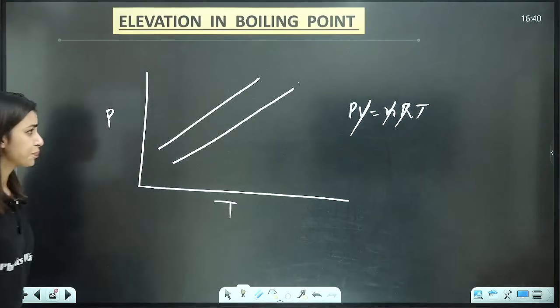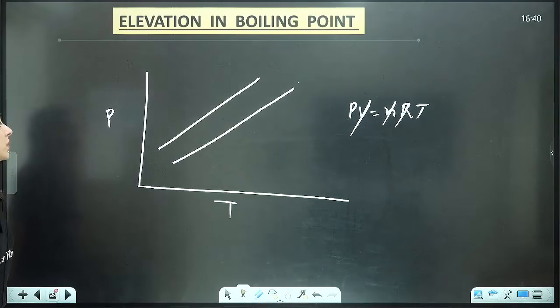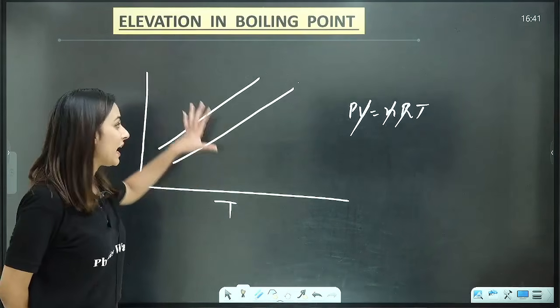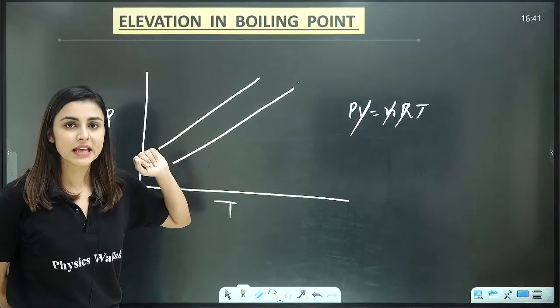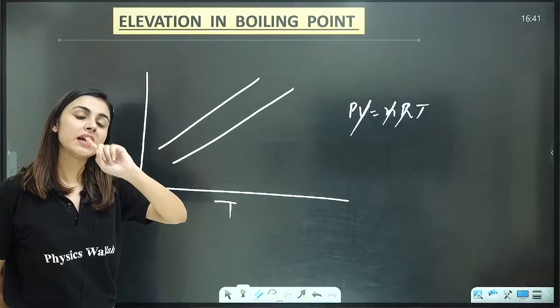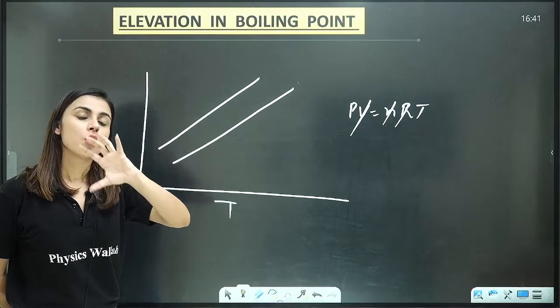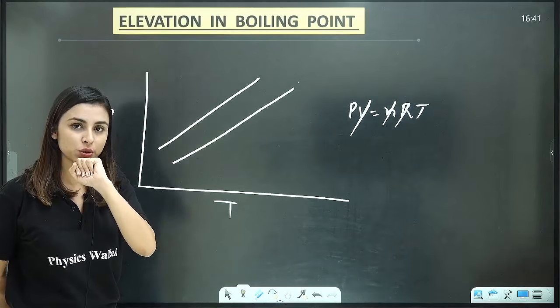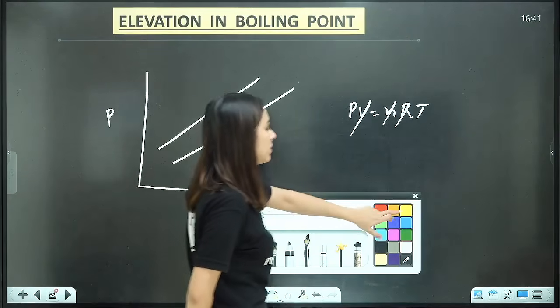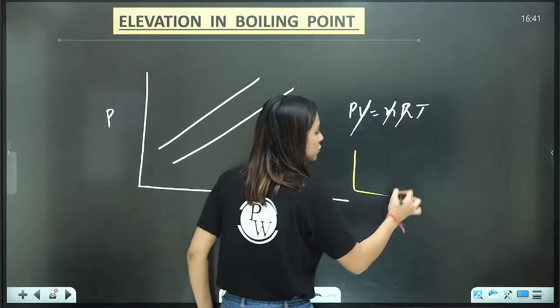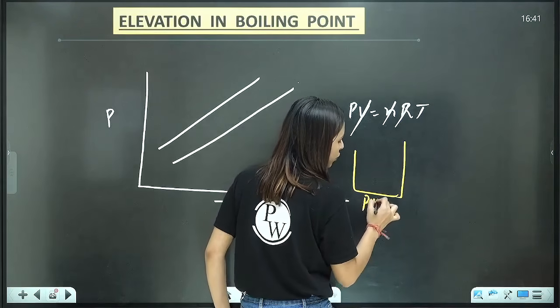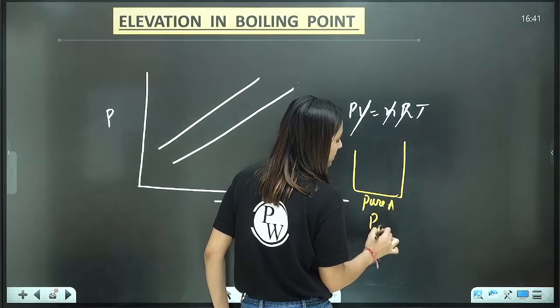Now, my dear students, I have drawn two lines. One is for pure solvent A and one is for a solution which has a non-volatile solute in it. That is, let us consider you have two solutions. Here you have pure A and its pressure is PA naught.